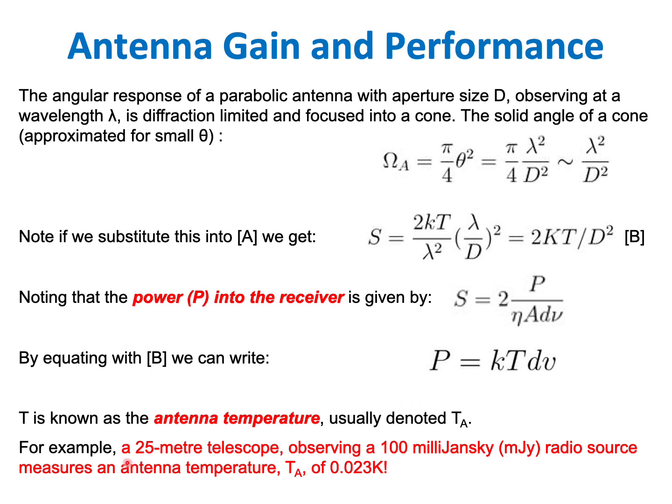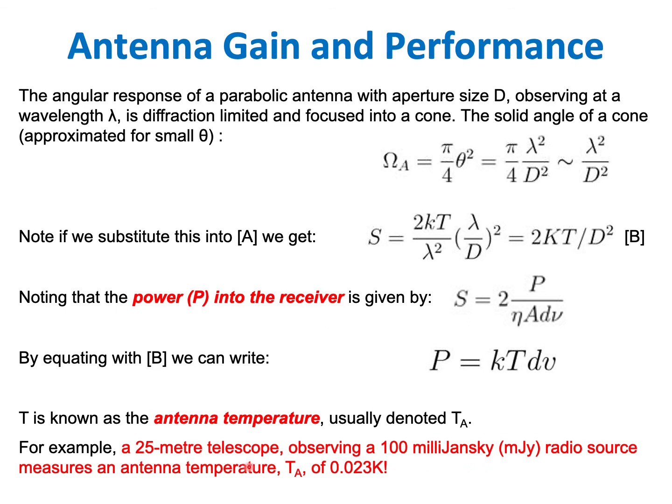So if we have our roughly standard 25-meter telescope and we observe a 100 millijansky source, remember we defined a Jansky as 10 to the negative 26 watts per meter squared per hertz. So a millijansky is 10 to the negative 29th watts per meter squared per hertz. Seems very, very, very small, and it is. 100 millijanskys is relatively bright for a radio source. That's why we need big dishes to observe them.